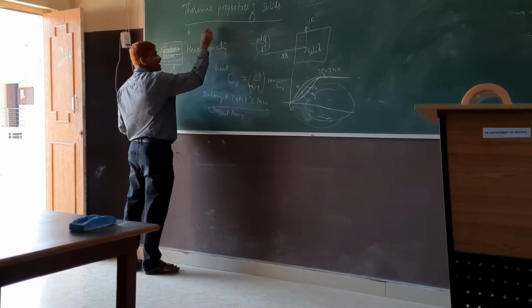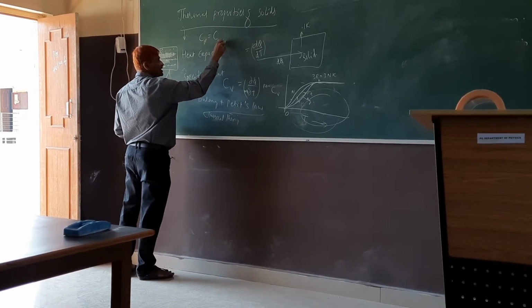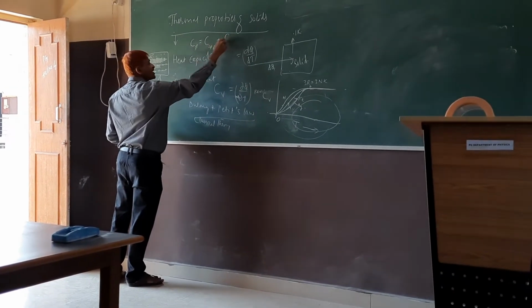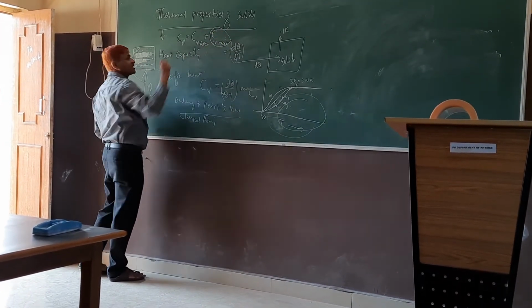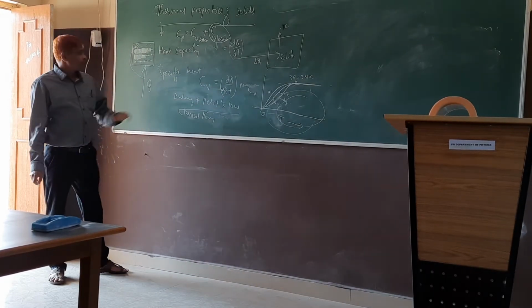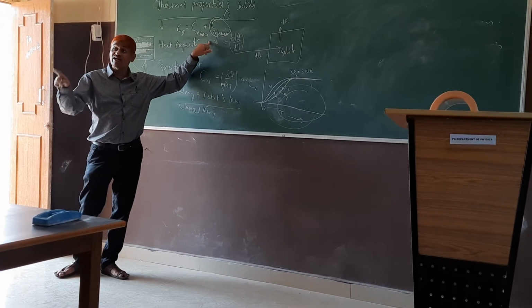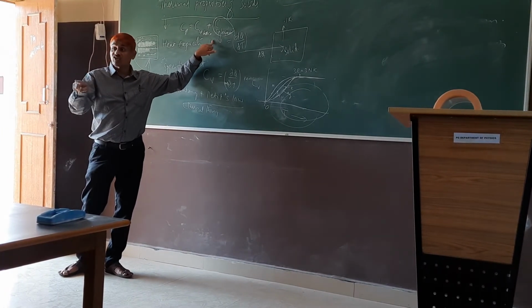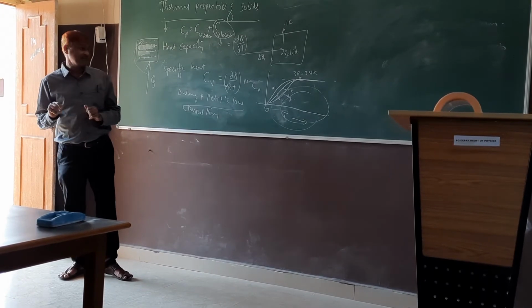Specific heat of the solid, it is the specific heat coming by lattice vibration plus specific heat coming from electrons. You are not addressing this because it is very less. Major contribution is from the lattice vibration. For that reason, we are not taking the electronic contribution towards the specific heat.